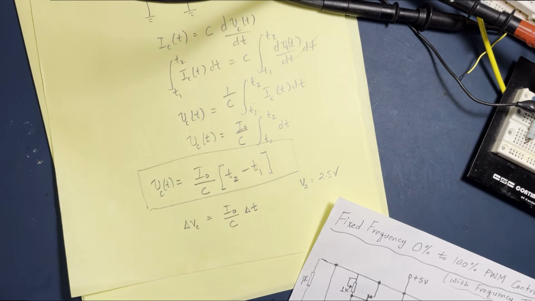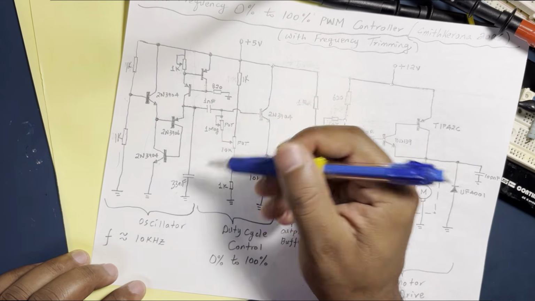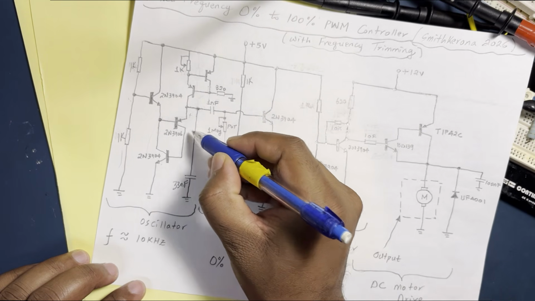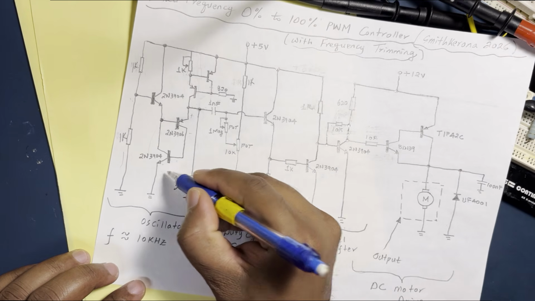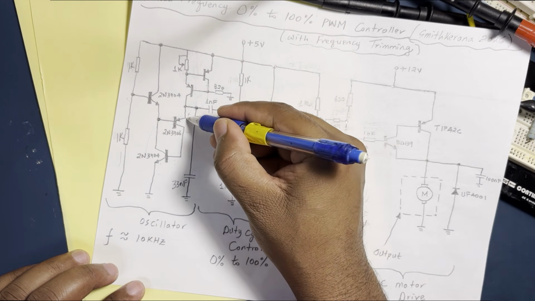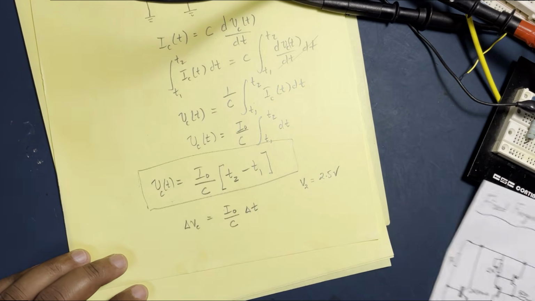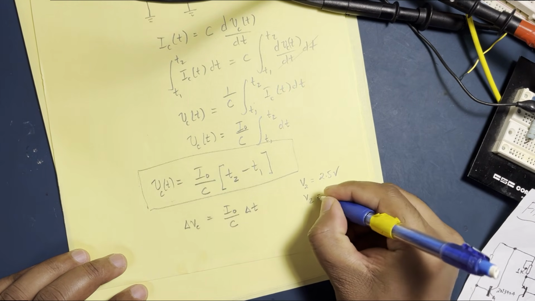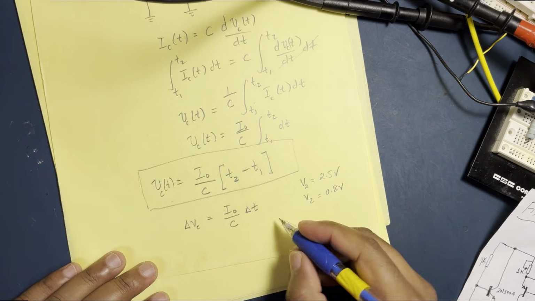And then I showed you that this switch is going to discharge the capacitor to about the saturation voltage of this transistor plus the VB of this transistor, which was about 0.7 and then another 0.1 here, around 0.8. So basically V2 is going to be 0.8 volts. Okay? So now we know delta Vc.